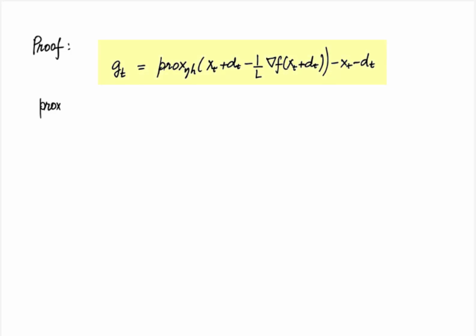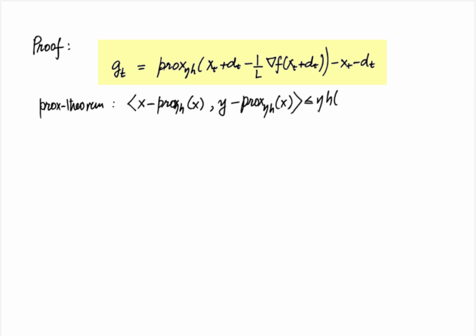Recall that the proximal theorem said that for every x and y, the inner product of x minus prox with respect to eta h of x, comma y minus prox with respect to eta h of x is less than or equal to eta times h of y minus eta times h of prox with respect to eta h of x.